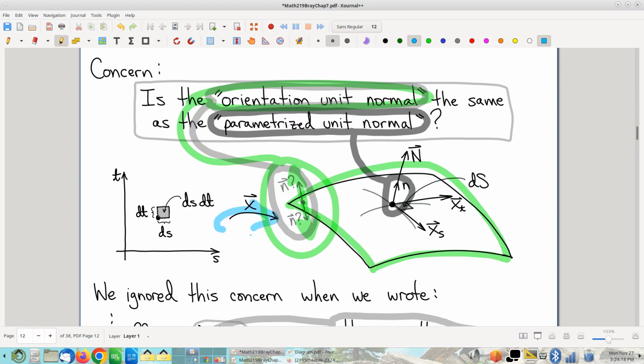Our parameterization just kind of arbitrarily picks a unit normal. And they're completely independent, completely disconnected, right? When you make up your parameterization, you're not thinking about the orientation at all. Even if you were, you wouldn't know how to parameterize it the right way. It's just really not clear.